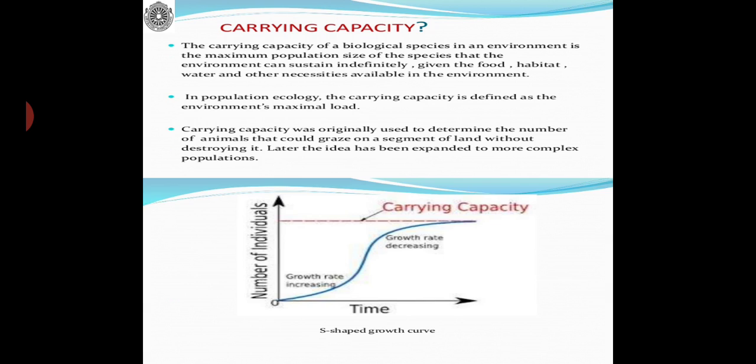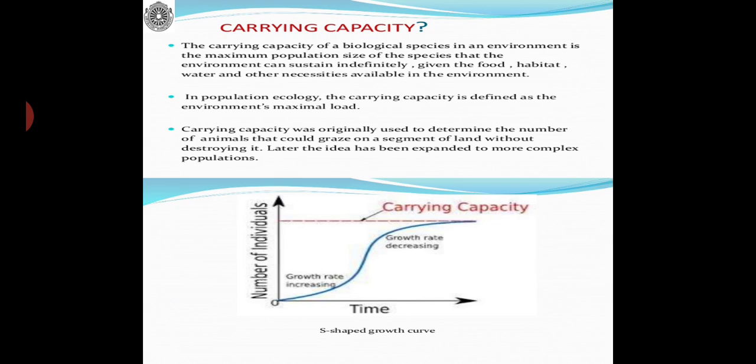So, in this slide, you will be observing a graphical representation, and again, here the number of individuals is plotted on one axis and the time is plotted on the other axis. In this kind of growth curve, you will observe a sigmoid or S-shaped curve.